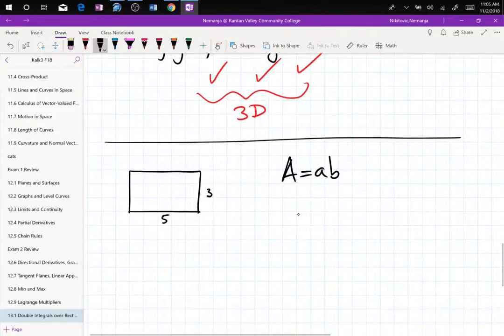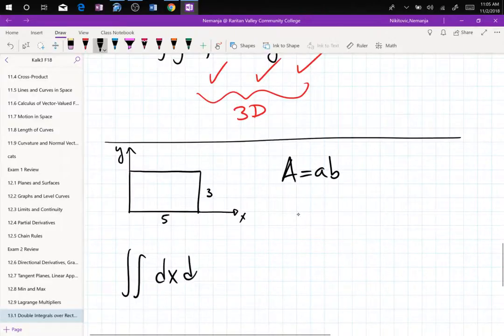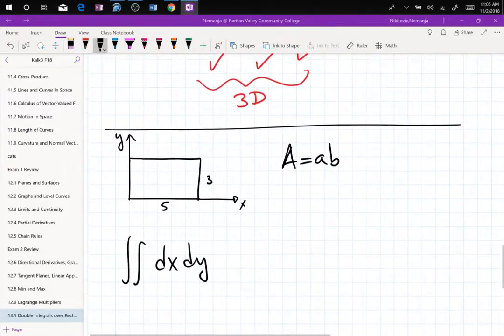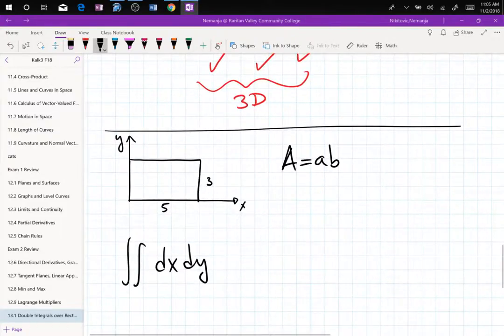So what do you do? You say, let me put this in the xy coordinate system, and now set up a double integral, not even a single integral, double integral, which would be, let's say, dx dy. dy is on the outside.